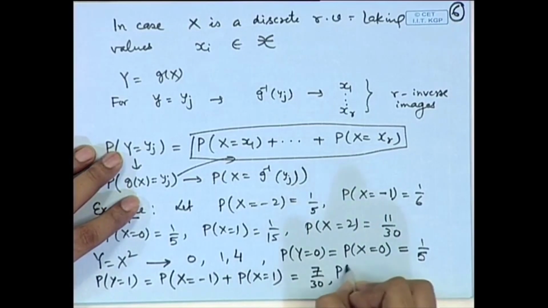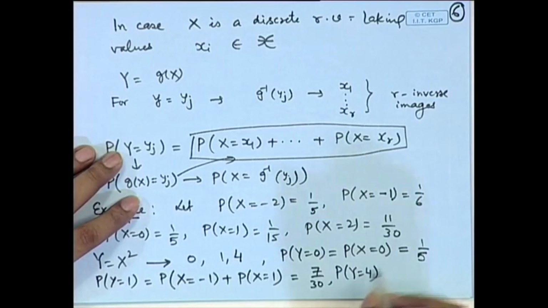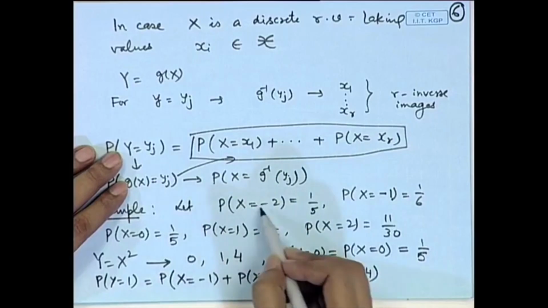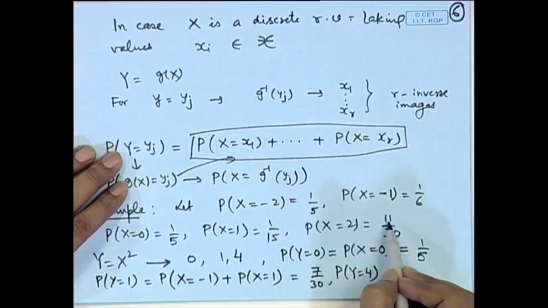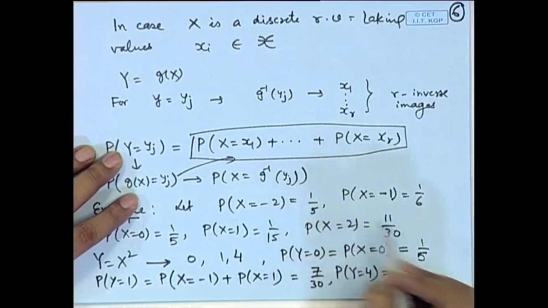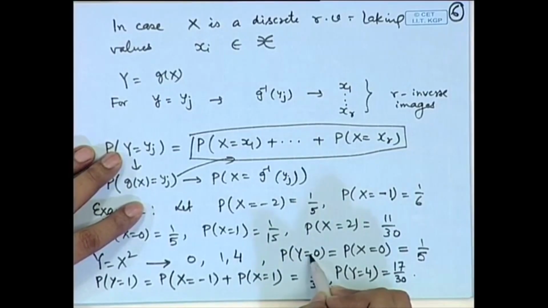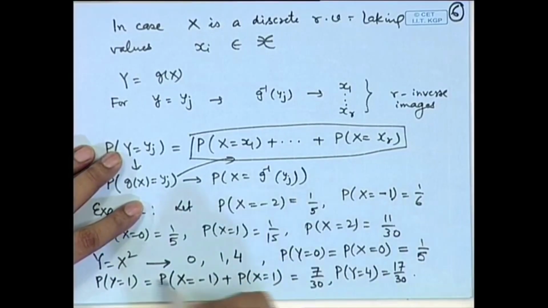In a similar way, probability Y = 4 will be probability of X = -2 plus probability X = 2. So, we add 1/5 and 11/30, which leads to 17/30. So, the probability distribution of Y you can see here is described by probability Y = 0, probability Y = 1 and probability Y = 4.